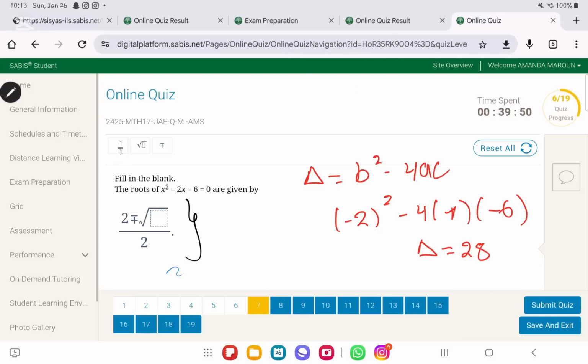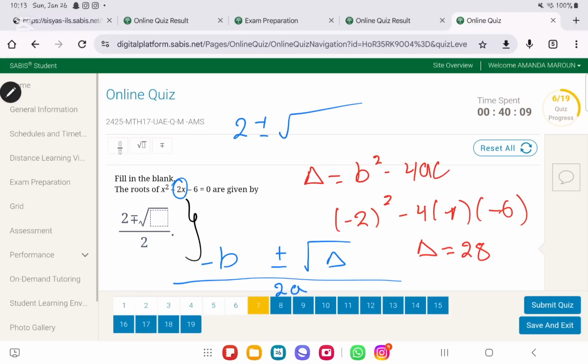Okay, now to find the roots, we know that the roots are going to be minus b plus or minus radical discriminant over 2a. Okay, so the b, in this case, is minus 2. So it's going to be minus minus 2, which is going to be 2, plus or minus radical the discriminant, which is 28, divided by 2 times a. So 2 times 1, which is 2. Now look at the format. Look at what we got.